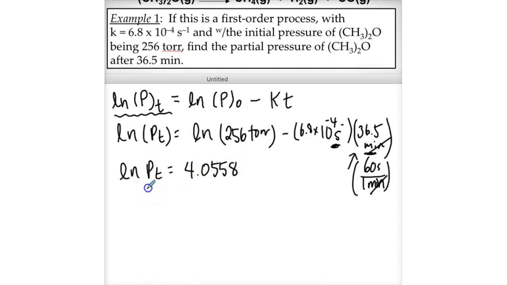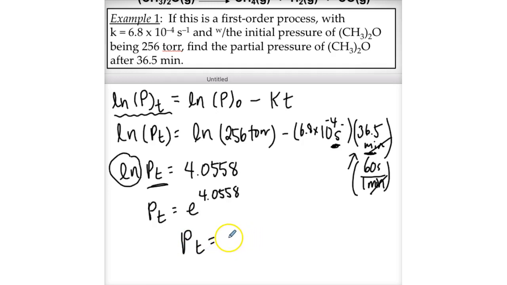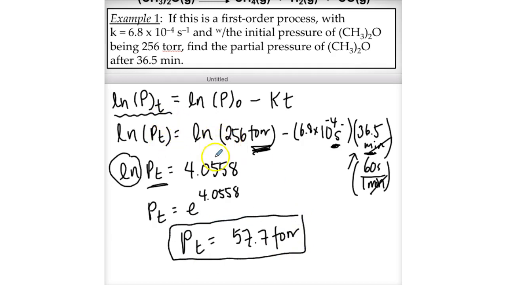But I want the pressure at 36.5 minutes on its own, so we have to get rid of this natural log. The way you do that is you use Euler's number, e to the 4.0558, and the partial pressure after 36.5 minutes is going to be 57.7 torr. So you put torr right there. That's the answer. So that's how you use this formula.